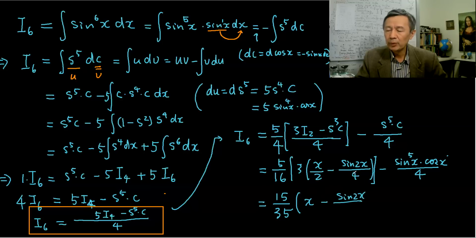We have to take 1, 2 outside, so there's only 2 left here. I think that is the simplest formula we can write: sine x to the power 5 and the cosine x divided by 4.